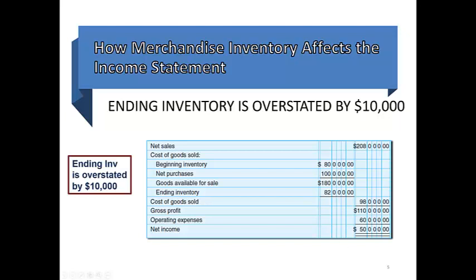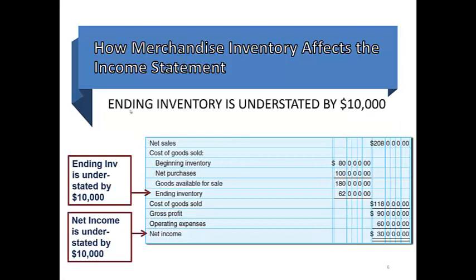So instead of $72,000 for ending inventory, we're showing $82,000. So since there's a direct relationship, our net income should be overstated by $10,000 as well. And notice that net income has gone up by $10,000. It was $40,000, now it's $50,000.